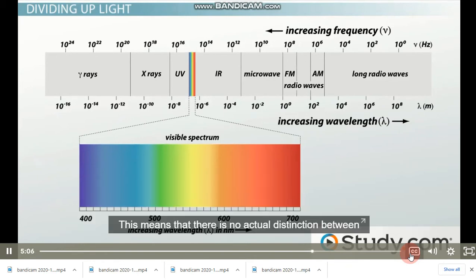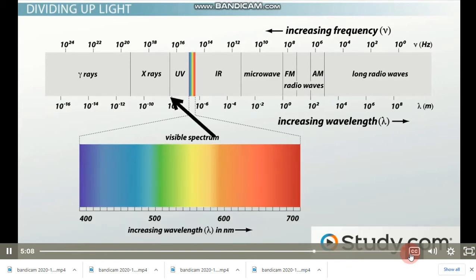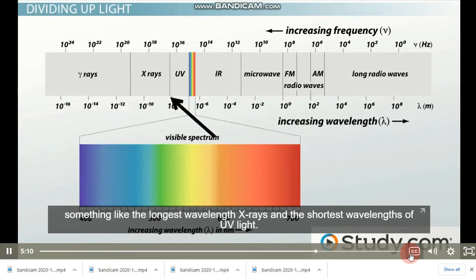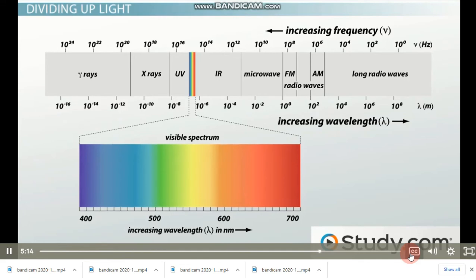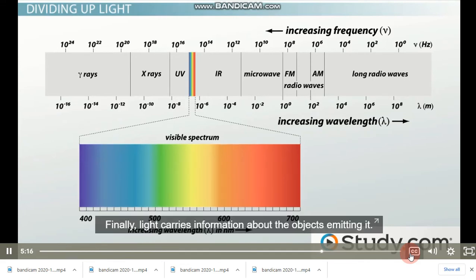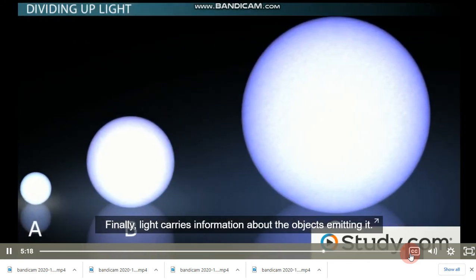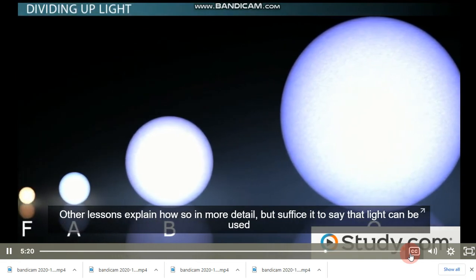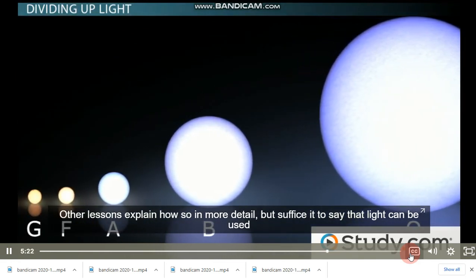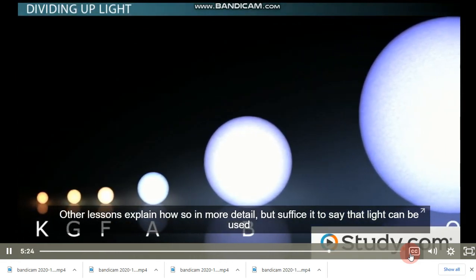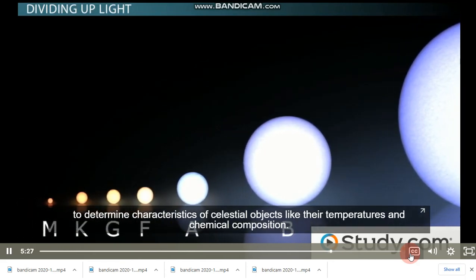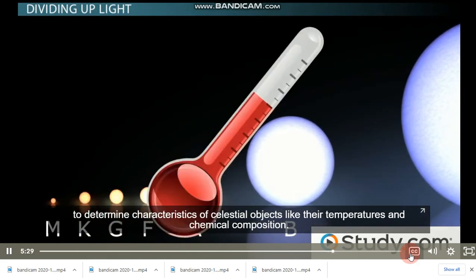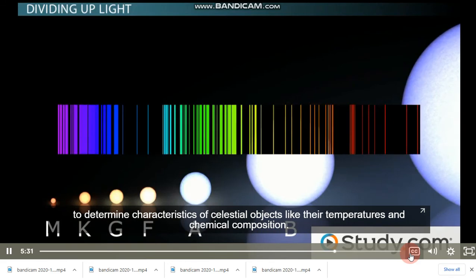This means that there is no actual distinction between something like the longest wavelength X-rays and the shortest wavelengths of UV light. Finally, light carries information about the objects emitting it. Other lessons explain how so in more detail, but suffice it to say that light can be used to determine characteristics of celestial objects, like their temperatures and chemical composition.